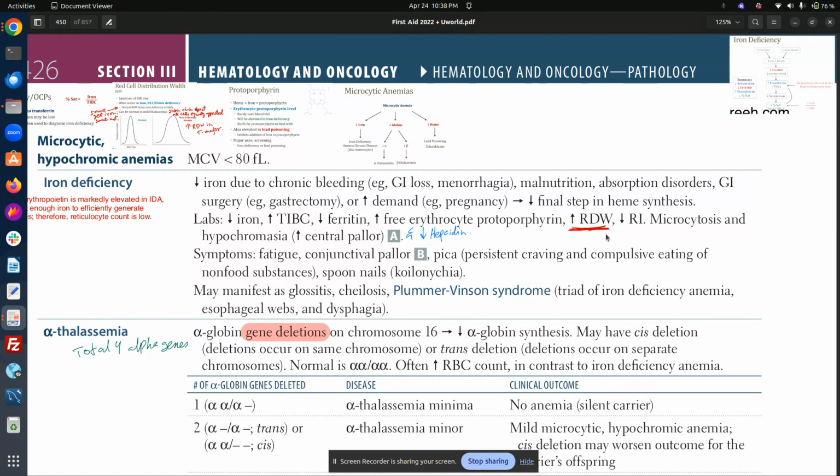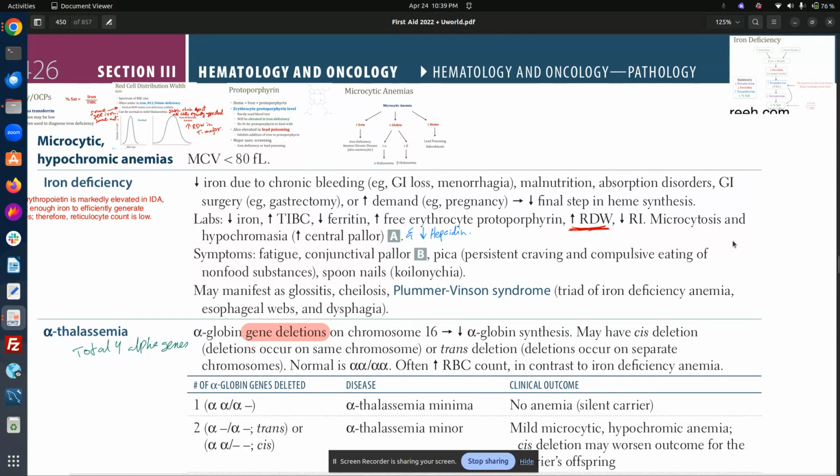When the bone marrow is not getting iron, the compensatory mechanism to produce enough RBCs is not taking place, which leads to decreased reticulocyte index, because the bone marrow is not forming enough RBCs.